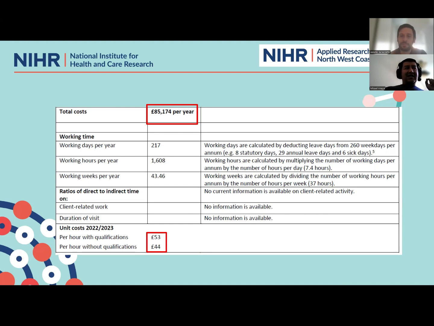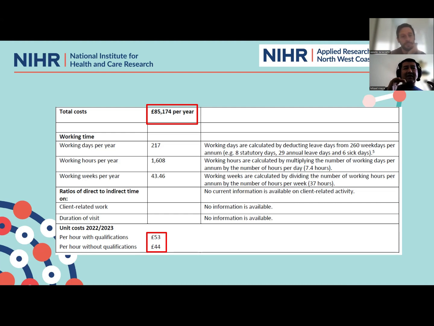Just an example of the direct cost, how this is estimated. So we have here the total cost, which is the sum of what we explained before, including the estates and so on. And then we estimate the working days per year. This is a standard one. So this is the number of days without any weekends and holidays.